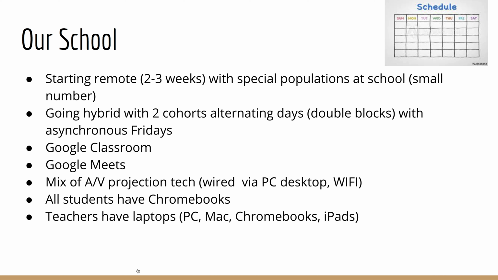So most kids are remote, but there could be a small number of kids in our classrooms. And then we're going to go hybrid with, again, as I mentioned before, the two cohorts with alternating days. We happen to be doing double blocks. Half the blocks on one day, then half the blocks on the other day, and asynchronous work on Fridays.